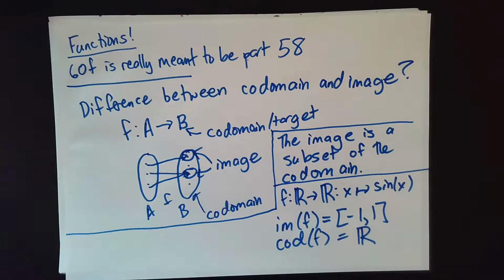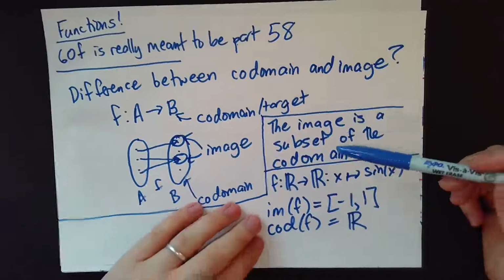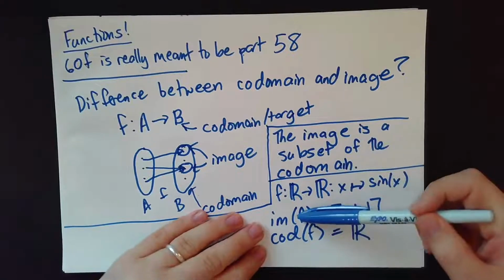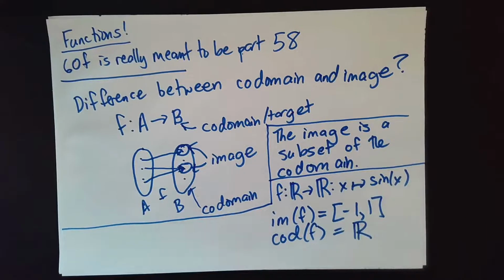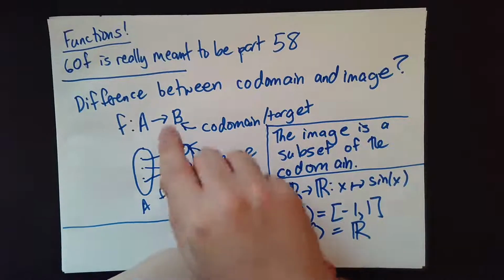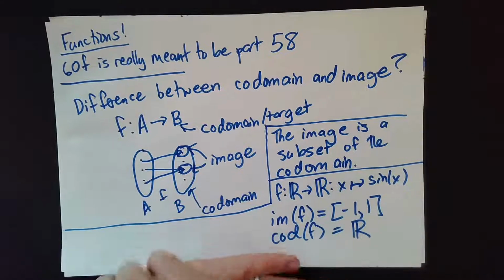Why is it in the codomain? Because I wrote it that way. But 2 is not in the image because there's no number whose sine is 2. Any questions about that? I know this distinction is a little weird, particularly because we don't have this distinction between the domain and something else, since with the domain, we're just obligated to use every element.